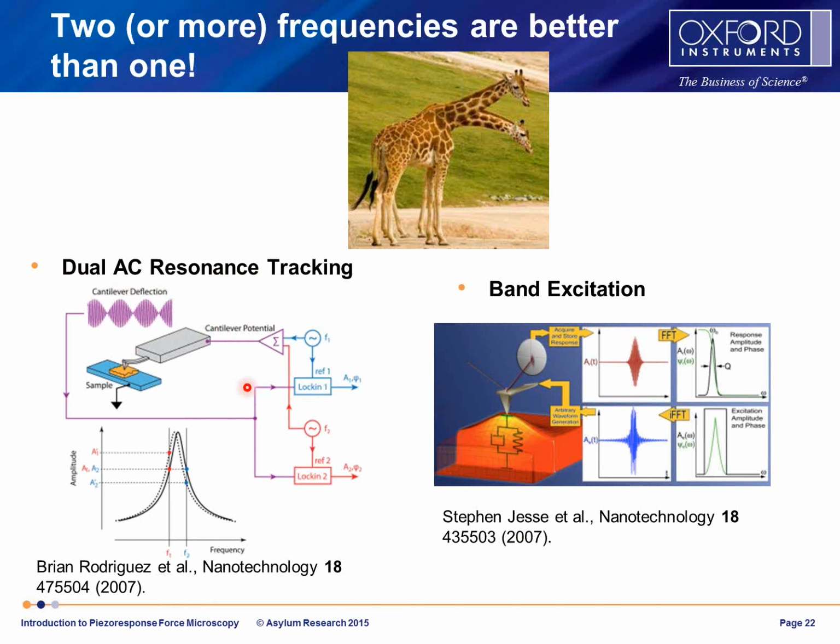I'm going to talk about DART, dual AC resonance tracking, right now, and then Sergey will give you a nice introduction to band excitation. And really the philosophy of both is that two or more frequencies are better than one. They enable us to get beyond the limitations of those single frequency measurements and take advantage of the contact resonance.